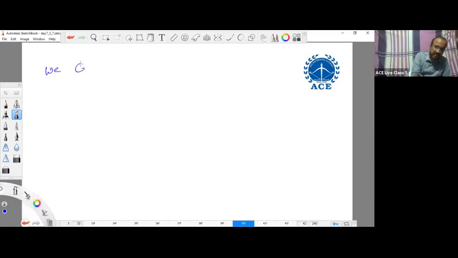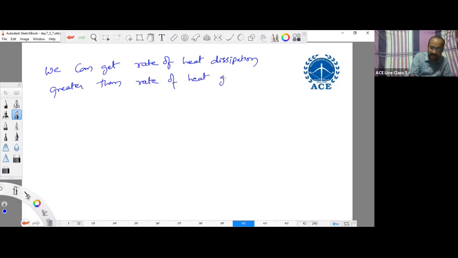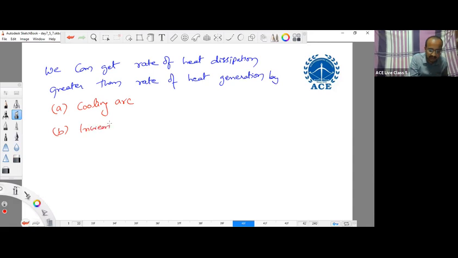We can get rate of heat dissipation greater than rate of heat generation by cooling the arc, and by increasing the length of the arc.